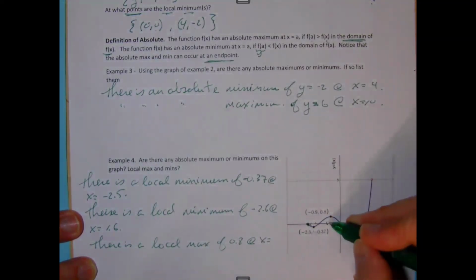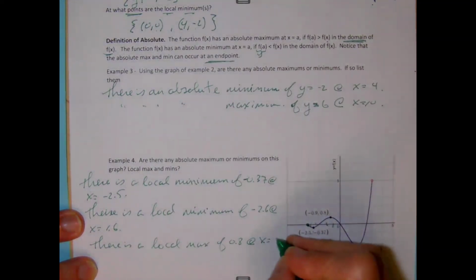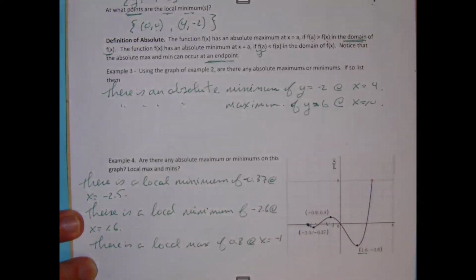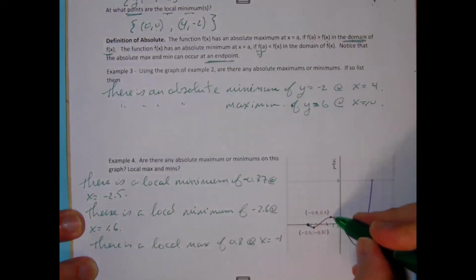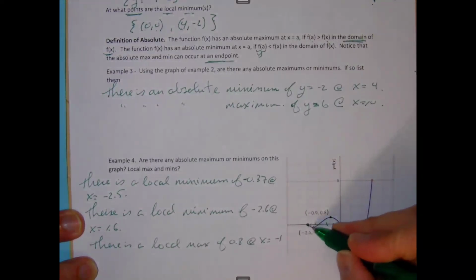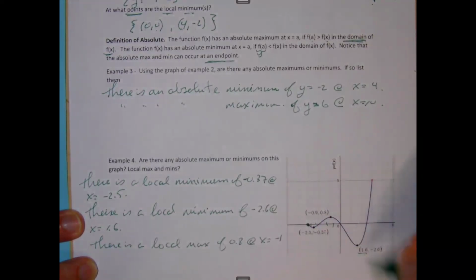Yep. So it looks like at 1, negative 1 at x equals 1. And that is again local. Locally, this is a maximum. Locally, this is a minimum. Locally, this is a minimum.